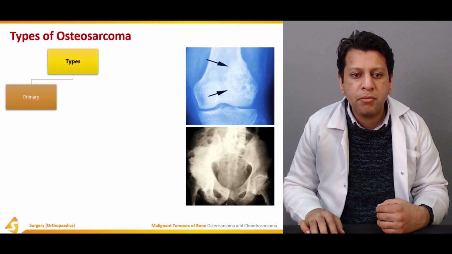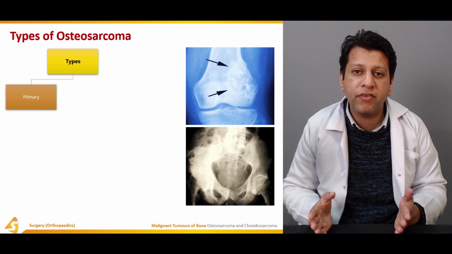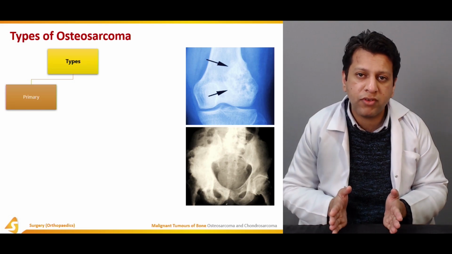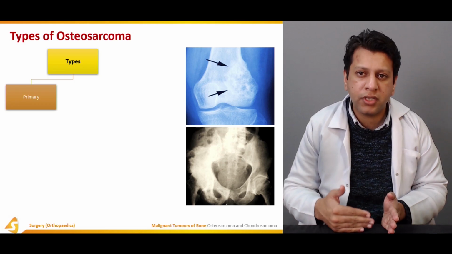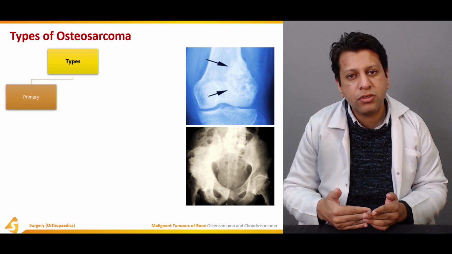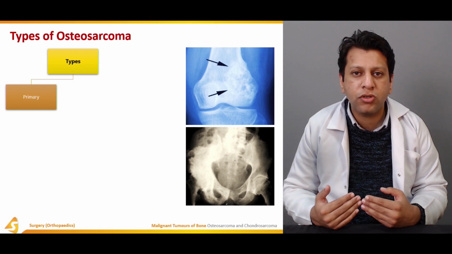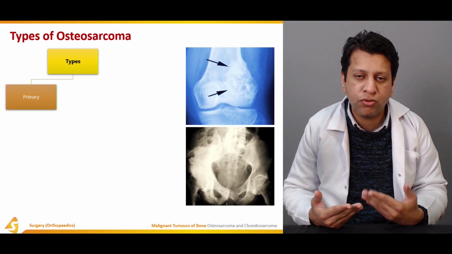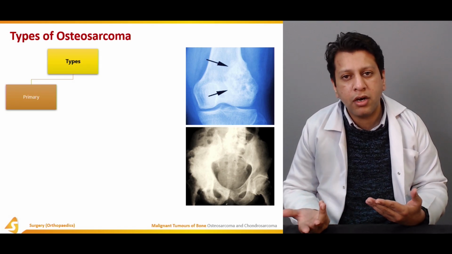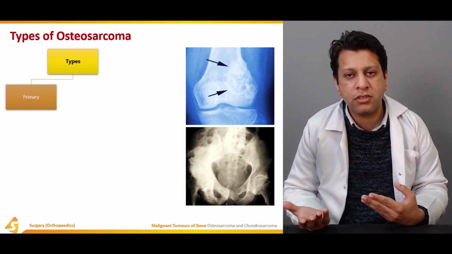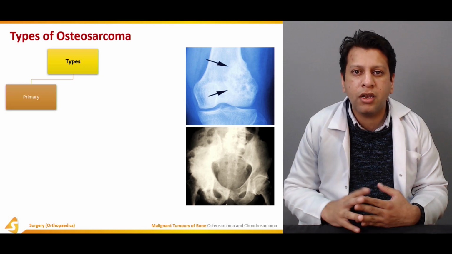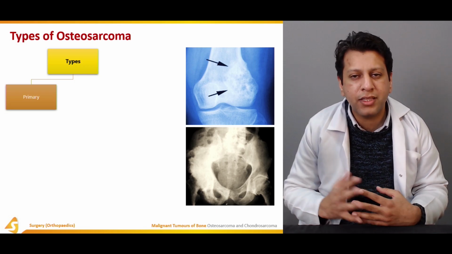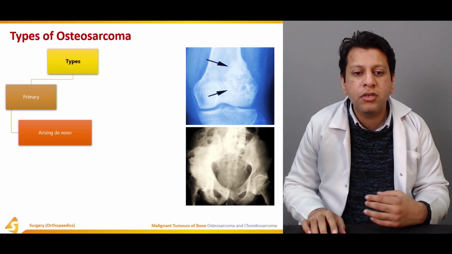Now there are different types, primarily defined as a primary tumor of the bone, called primary osteosarcoma, which usually presents in the first and second decade of life. Secondary osteosarcoma is secondary to an insult, either Paget's disease or any other reason such as radiation therapy to that bone, and usually presents late in life, in the 6th and 7th decade.